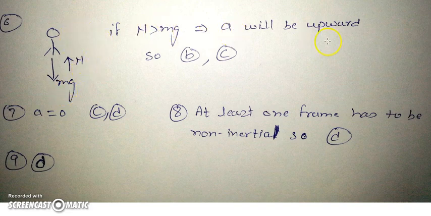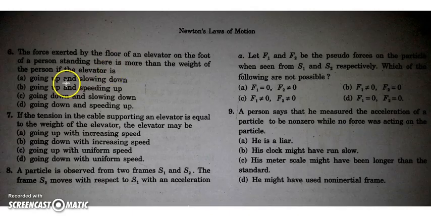For option B, this scenario can be taken in two ways. It is going up and speeding up, so the acceleration will be upward. If it is going down, it must be slowing down, then only the acceleration will be upward. The prime condition is that acceleration should be upward, only then N will be greater than its weight.